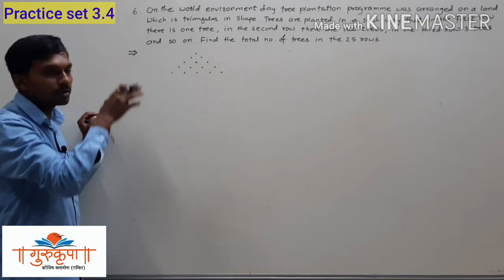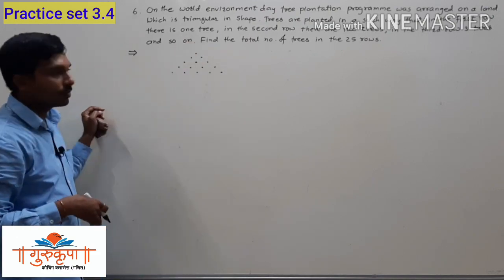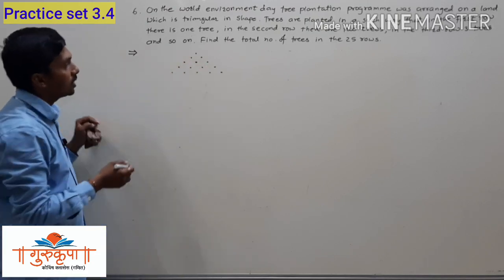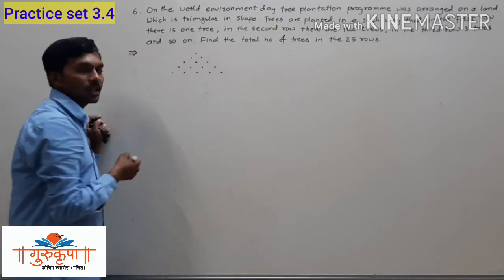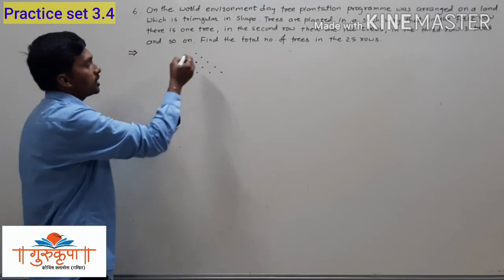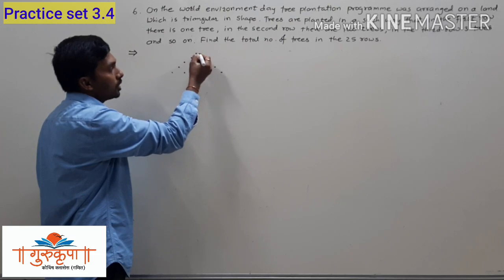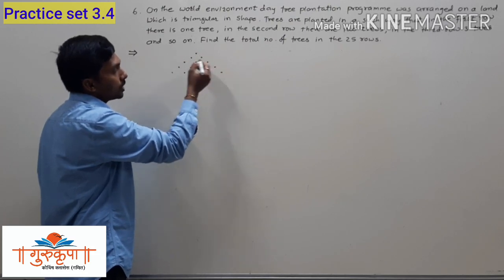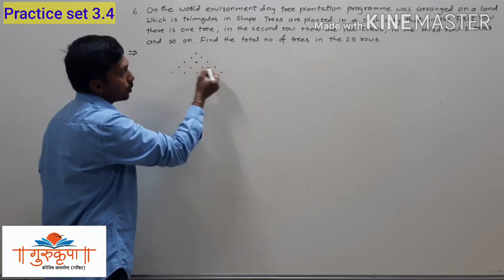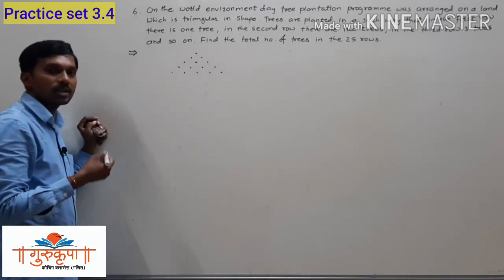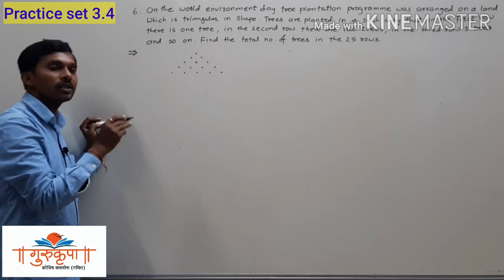row. No need to draw all the 15 rows, but just for your information we plot the diagram. Since the land is triangular in shape and the trees are planted in such a way that in the first row 1 tree, in the second row 2 trees, in the third row 3, in the fourth row 4, in the fifth row 5, sixth row 6, seventh row 7 trees, eighth row 8 trees, like that.